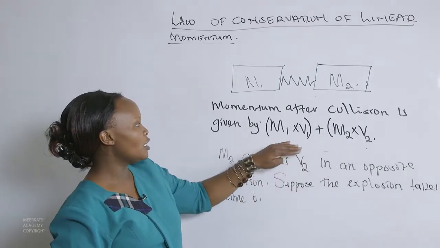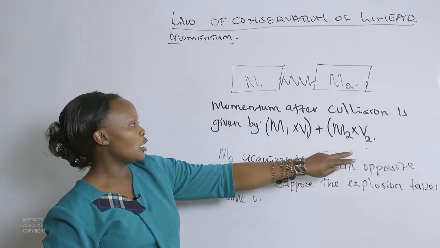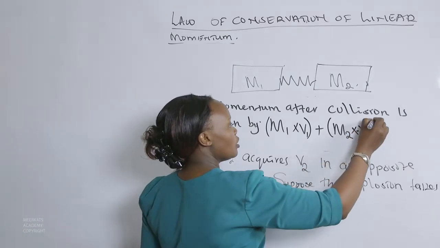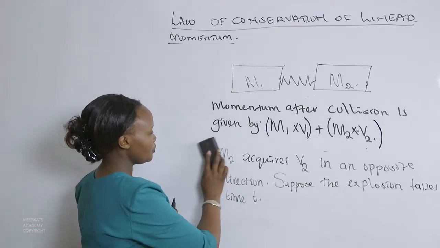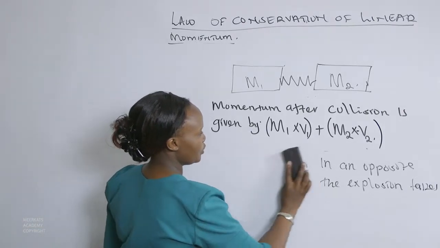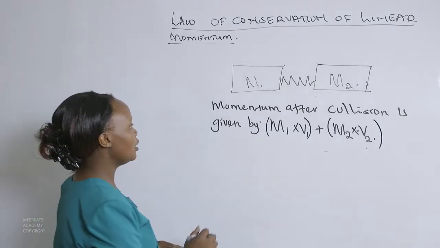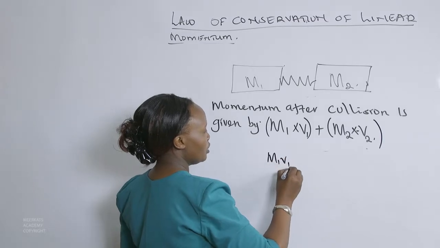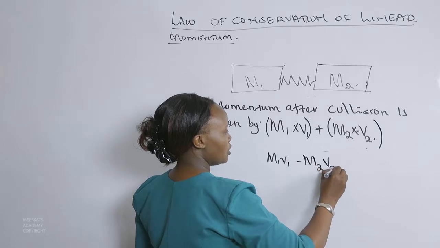Therefore, if we take the first velocity to be positive, then we should take the velocity in the opposite direction to be negative, so that this will be the momentum after collision: m1 v1 minus m2 v2.